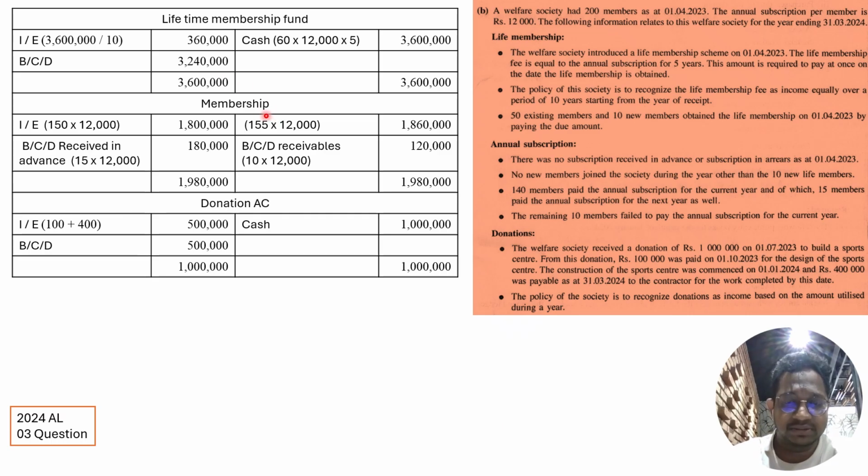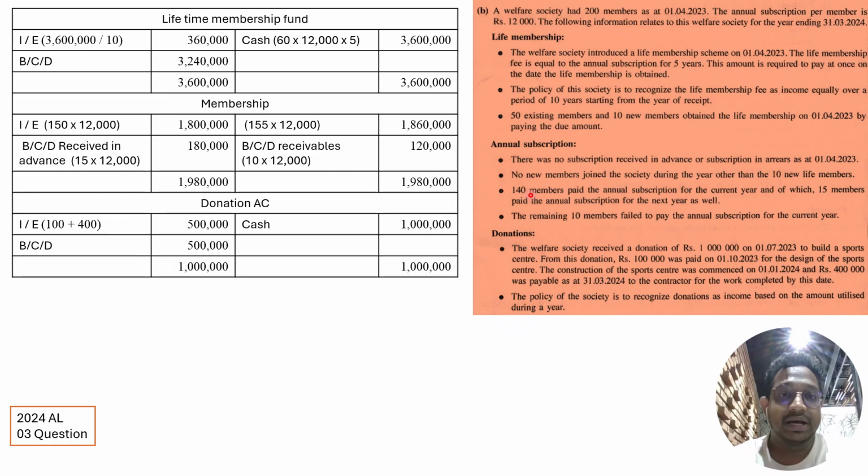And in the normal membership fund, there was no subscription received in advance or subscription in arrears as at opening date, and no new members joined the society during the year other than those 10 new life members, right? So there were 200 members at the initial date, and from that, 50 members converted their membership to lifetime membership.